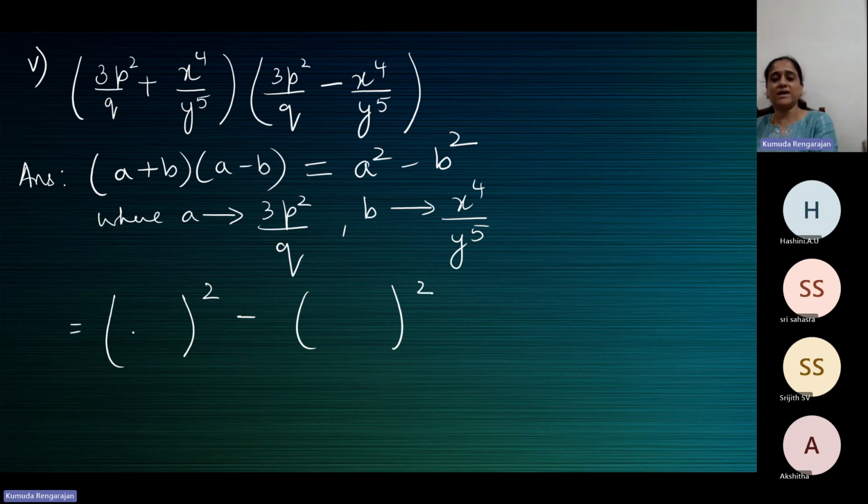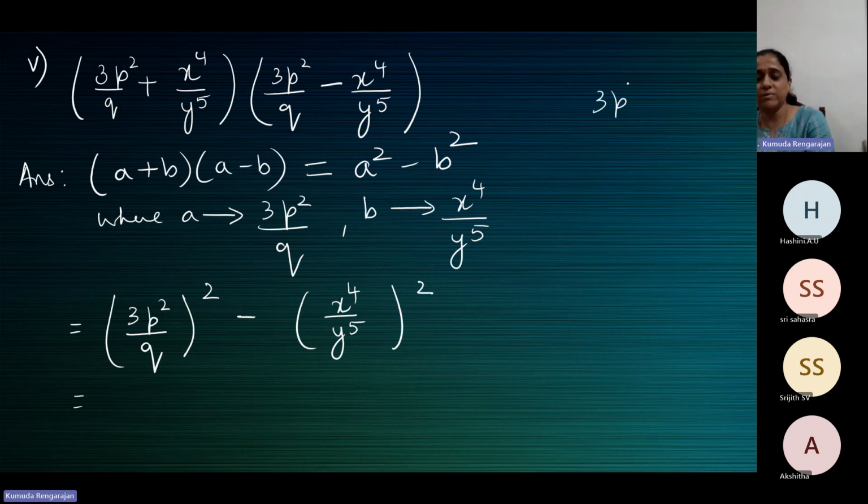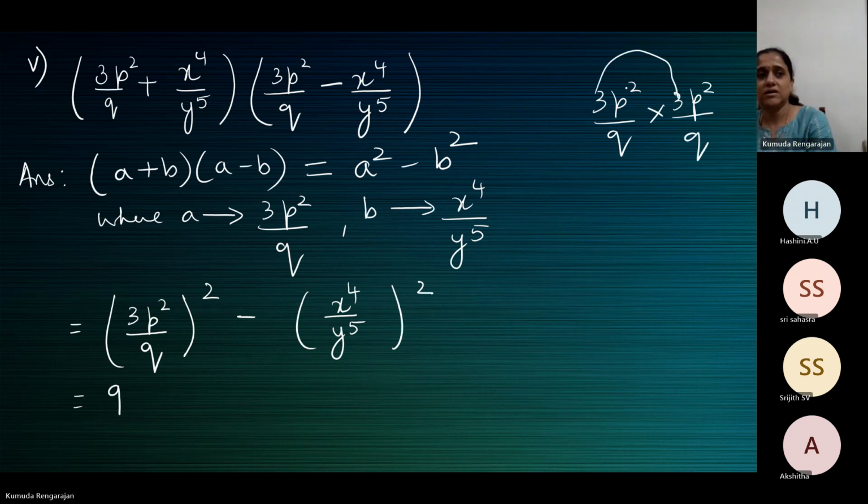What should I substitute in the bracket here? 3p squared by q in this bracket, and x to the power 4 by y to the power 5 in the other. So how do we simplify this? 3p squared by q into 3p squared by q. So 3 3s are 9. P squared into p squared is p to the power 4 by q squared.